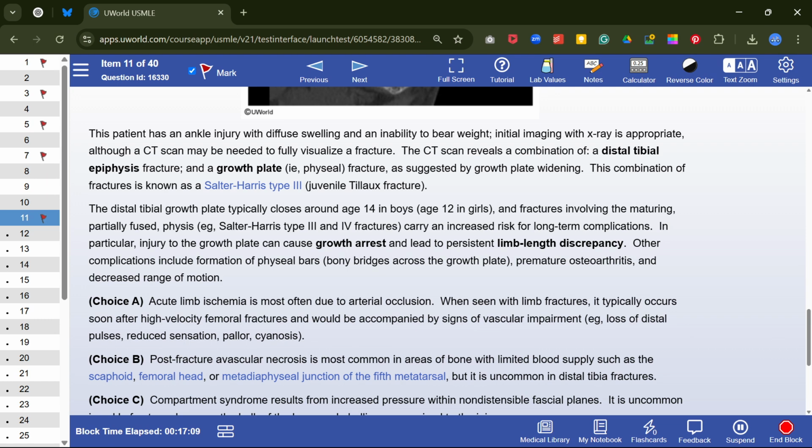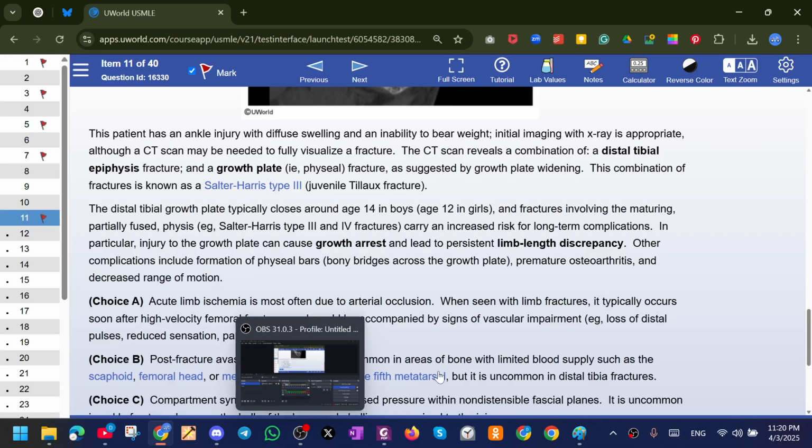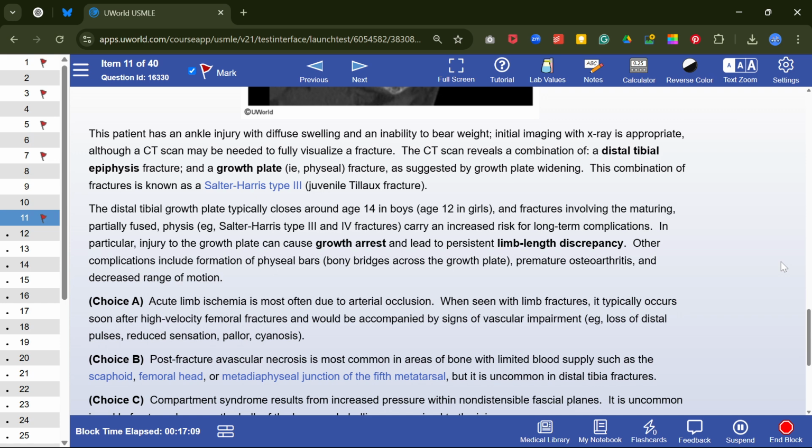The distal tibial growth plate typically closes around age 14, and age 12 in girls. Fractures involving a maturing, particularly fused physis, Salter-Harris types 3 and 4, carry an increased risk of long-term complications.